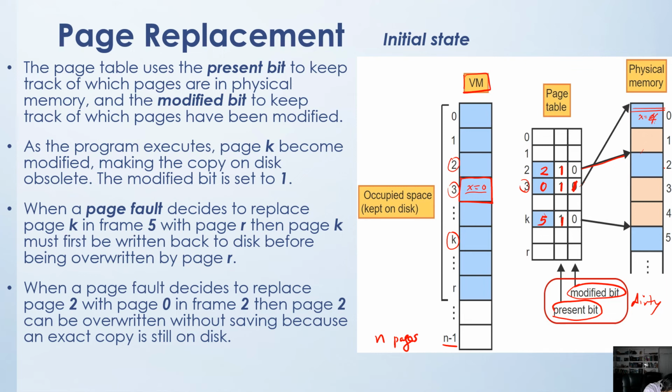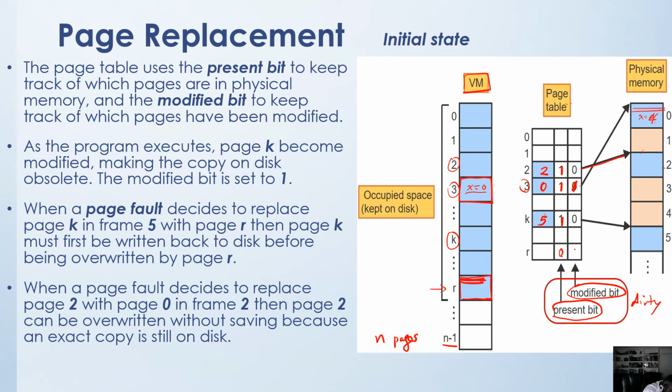Why do we need the modified bit? Let's take a look. Suppose I want to load another page, for example, page R. The operating system tries to execute the instruction in page R, looks at the page table, and finds out page R is not loaded, because the present bit is 0.